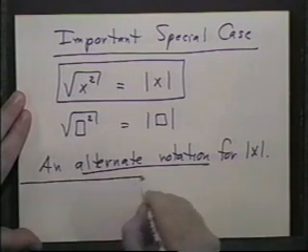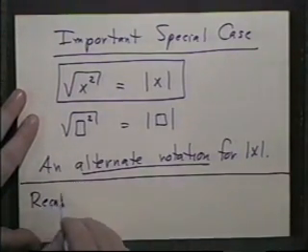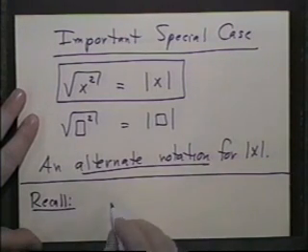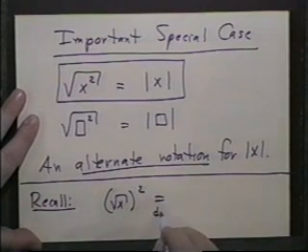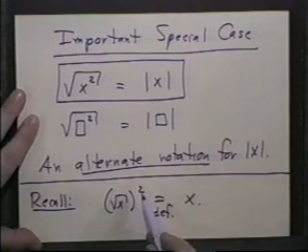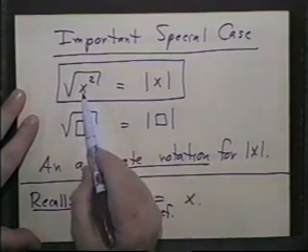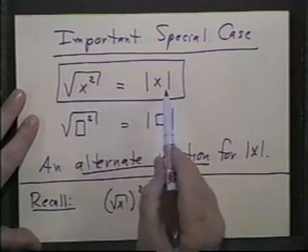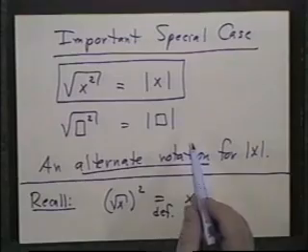But let me write one more thing down here so I don't confuse anyone. Recall that this is not the same thing as taking the square root of x and squaring it. That is, by definition, equal to x. So the square root of x quantity squared is x. However, if you reverse the operations, the square root of x squared, you get the absolute value of x. And this is handy, so it's worth paying attention to.